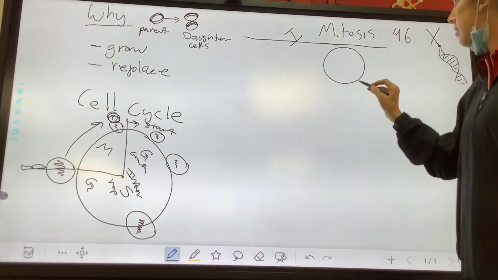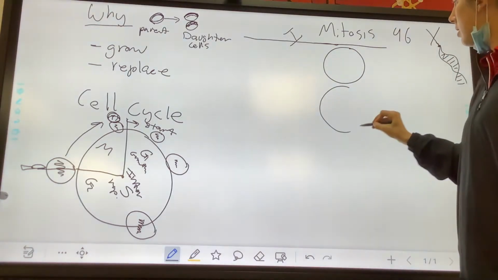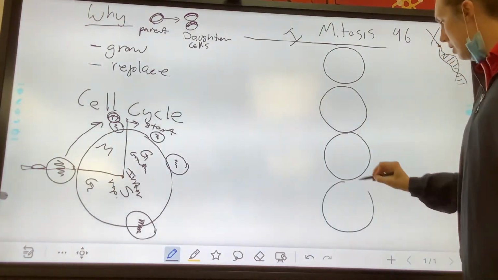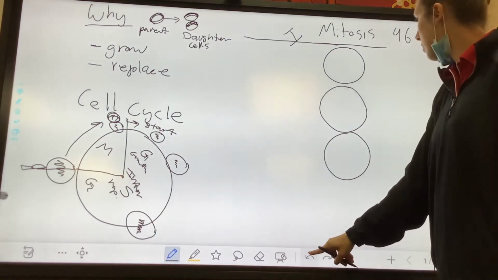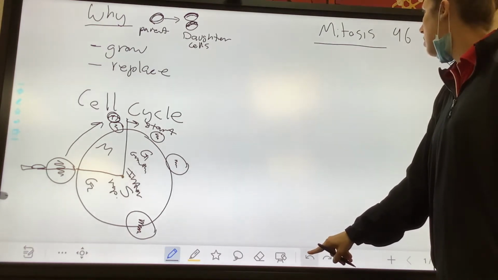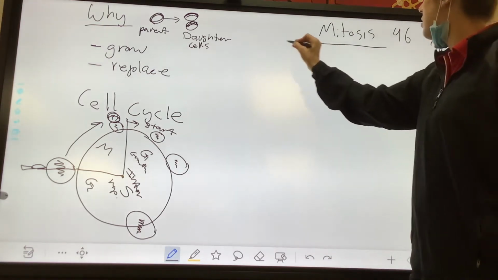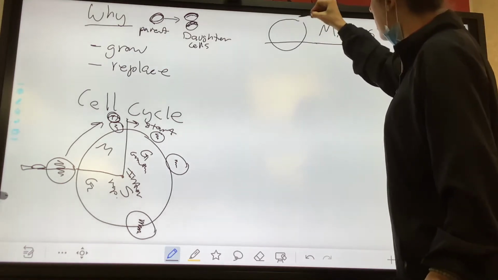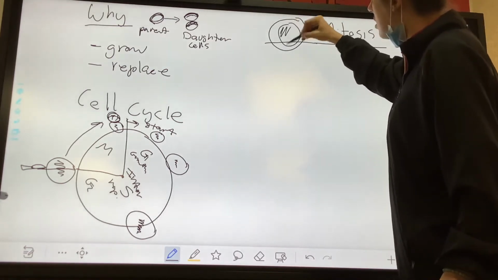And we have, I think I drew them too big. Okay. So going into interphase is when everything doubled, okay?